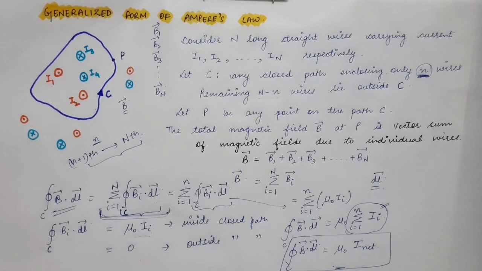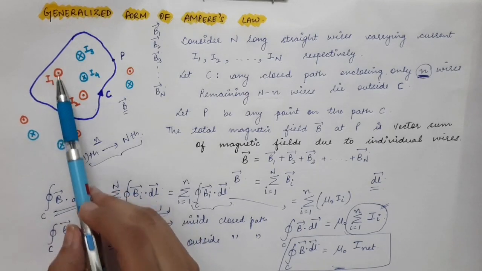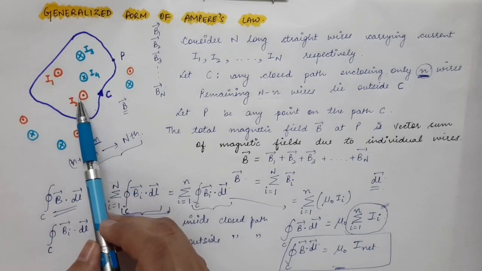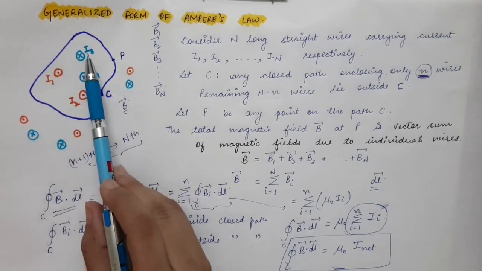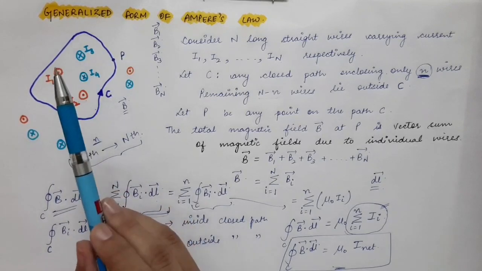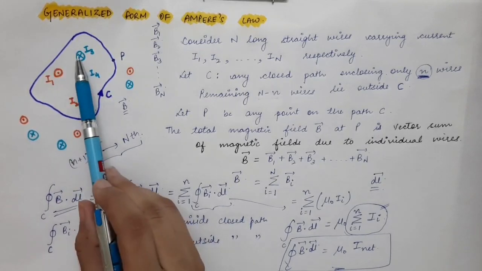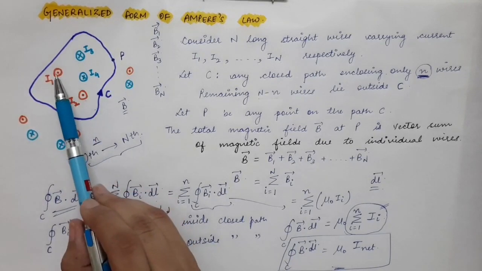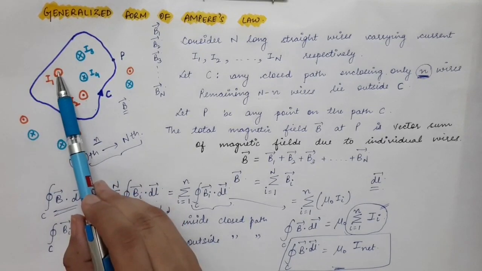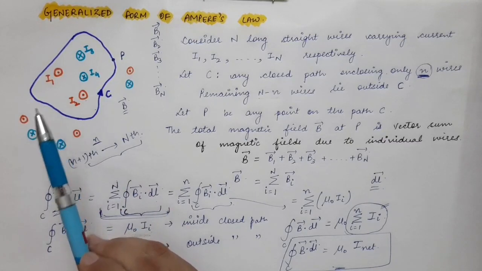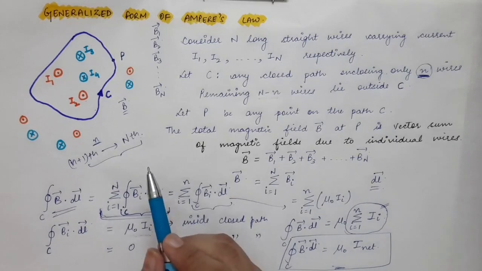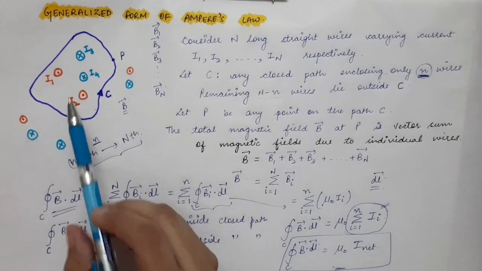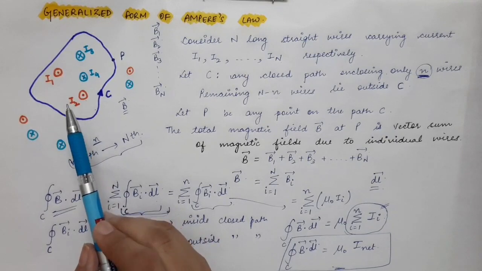Now over here we have to take into account the sign convention. In this diagram, the currents I1 and I2 are flowing towards the observer, represented by a dot, and the currents directed away from the observer are represented by a cross sign. When we apply this equation to various problems, we take the current directed towards the observer as positive.